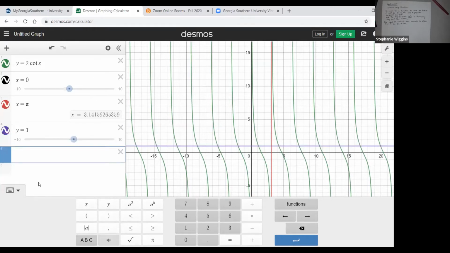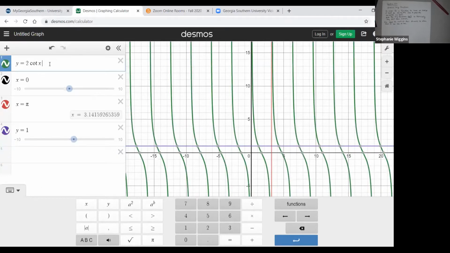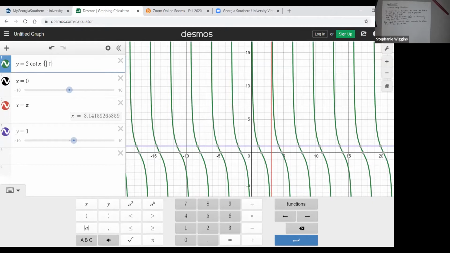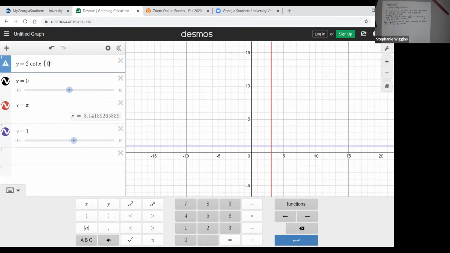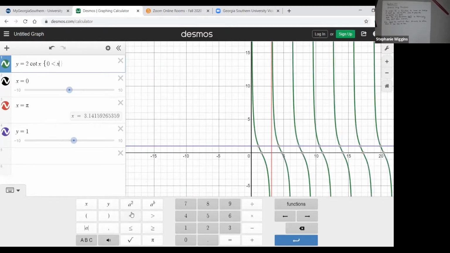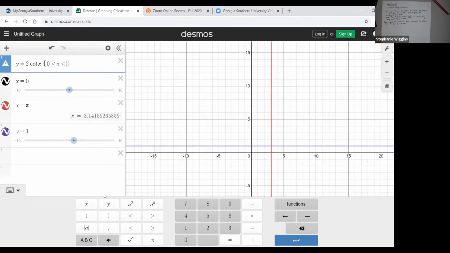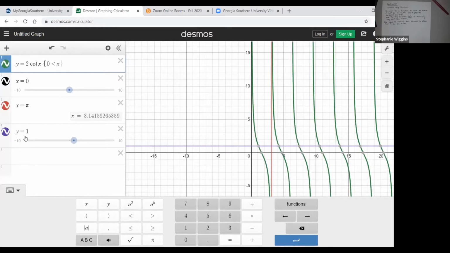So I'm going to go ahead and restrict my domain. How do I do that? Here's my function, and to restrict the domain, I specify that I want my x to be, for the cotangent, between 0 and pi. 0 is less than x, which is less than pi. And I suppose we could say less than or equal to pi.